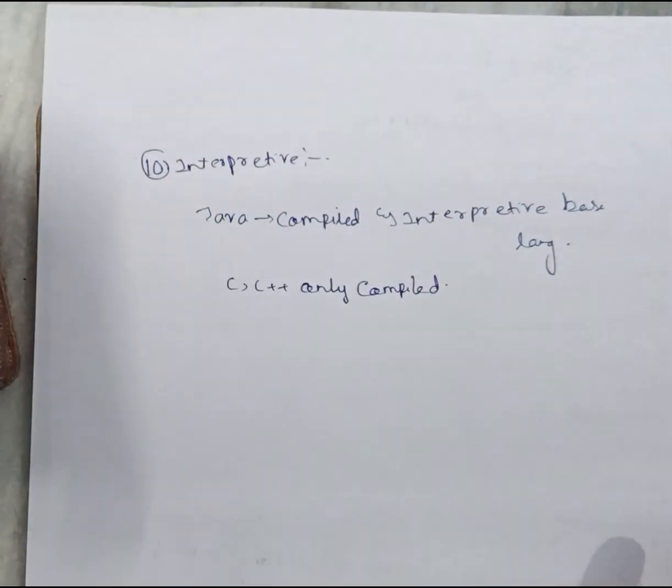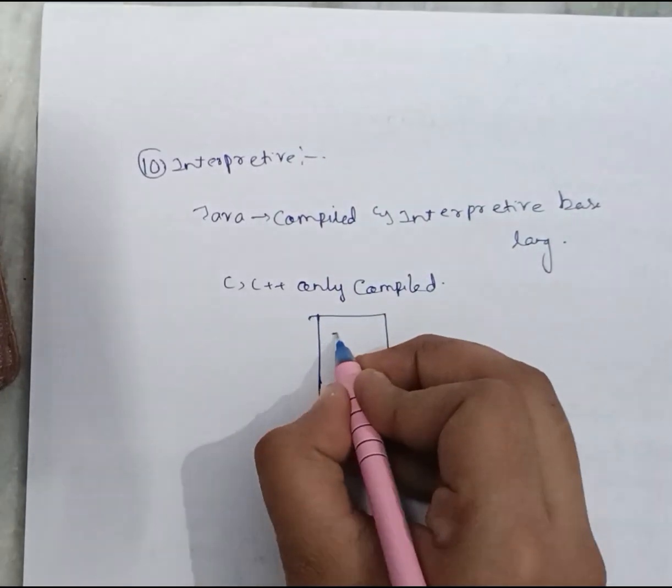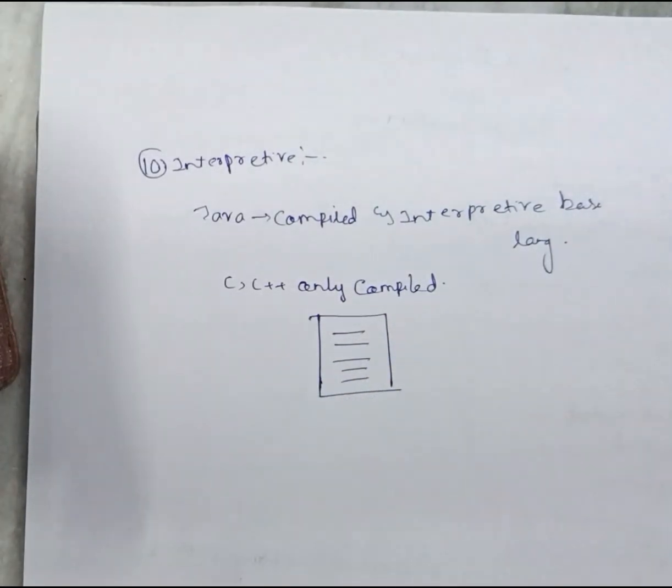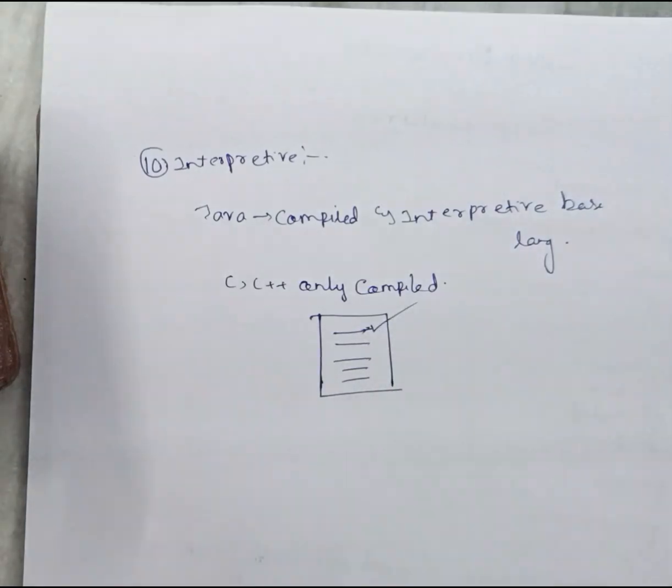Why is Java called an interpretive based language? We know that the compiler produces bytecode, and the JVM is responsible for the execution of the Java program. Let's see an example. Let us assume our bytecode contains some lines. The JVM accepts the first line of bytecode and then executes that code.